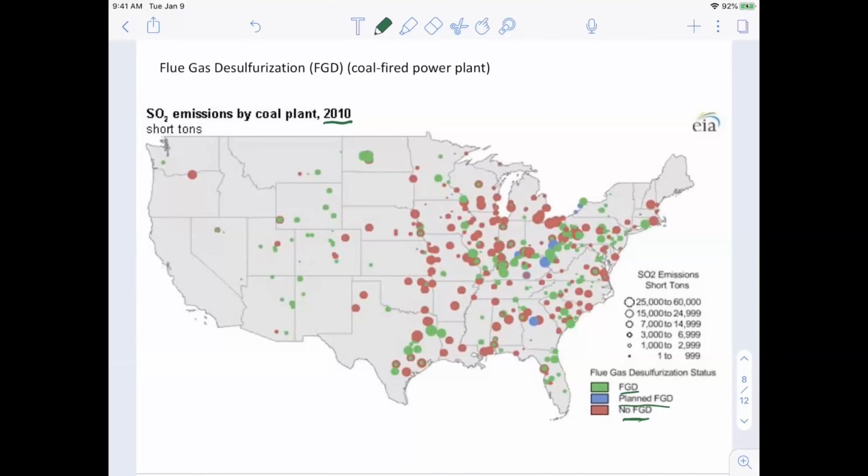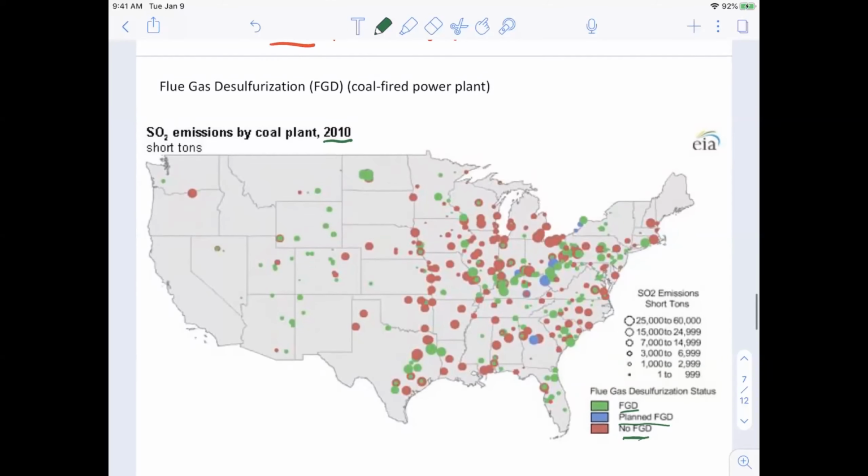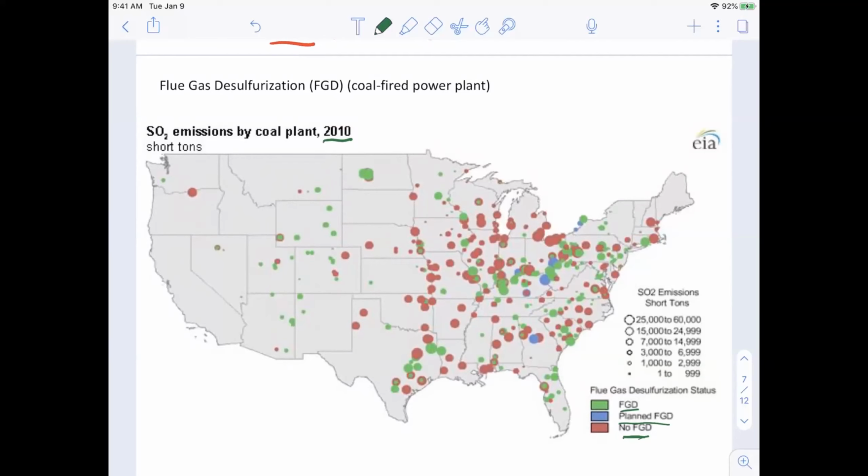So you can see that at least in 2010, maybe around 50% of the coal-fired power plants already are equipped with FGD, or they have planned for the FGD. Okay, so there's pretty much still a long way to go for a lot of other coal-fired power plants, right?